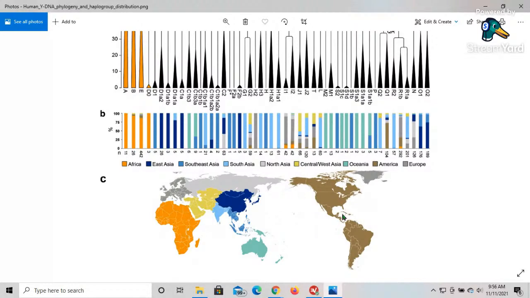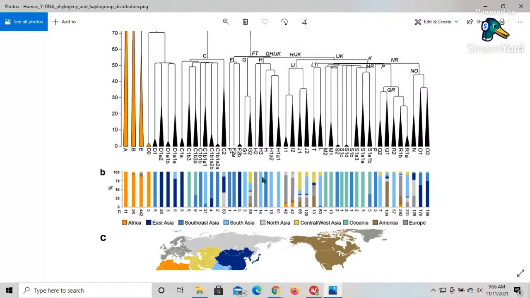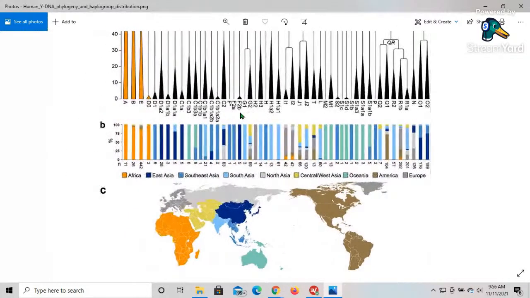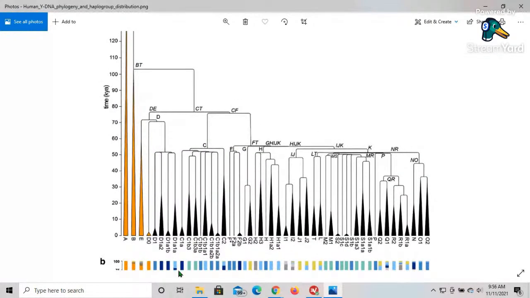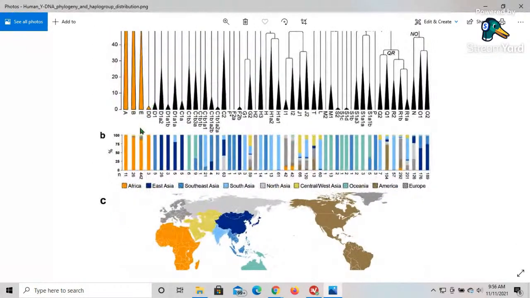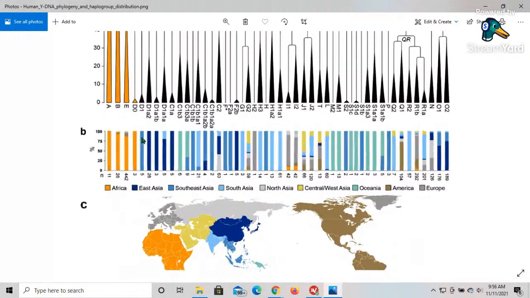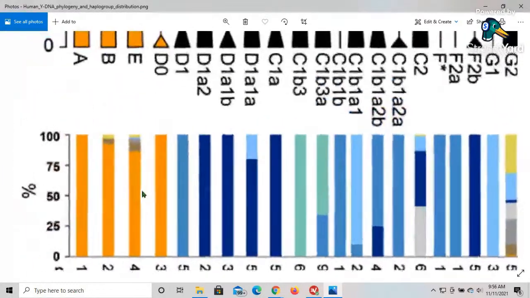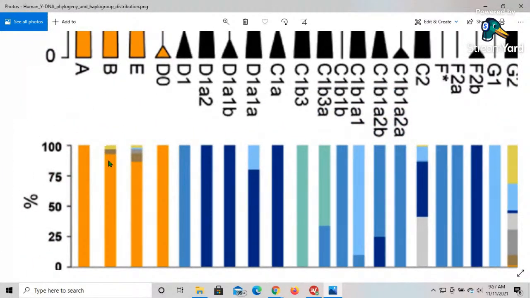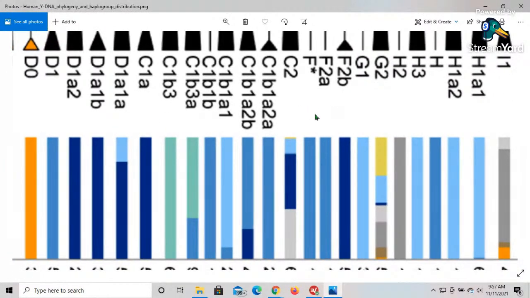But we have an interesting anomaly here, which is America. See, America is brown, but then we look here, see what haplogroups we have located in America. Look at this. We have the B and the E in America. We have the G in America.